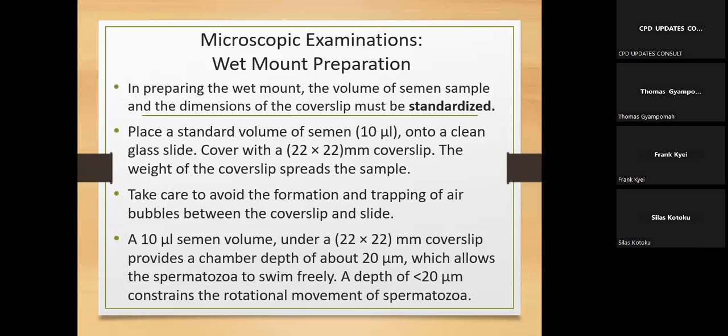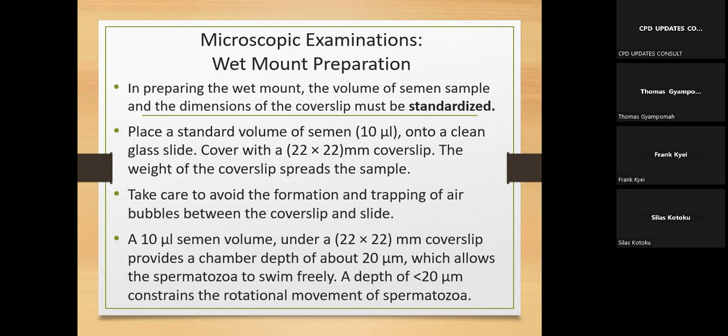Again, if you take a drop less than 10 microliters, or you take 10 microliters yet use a 22 by 32 cover slip, and you do the calculations, you see that the depth you get is going to be less than 20 micrometers. In that case, it will constrict the movement of the sperm.